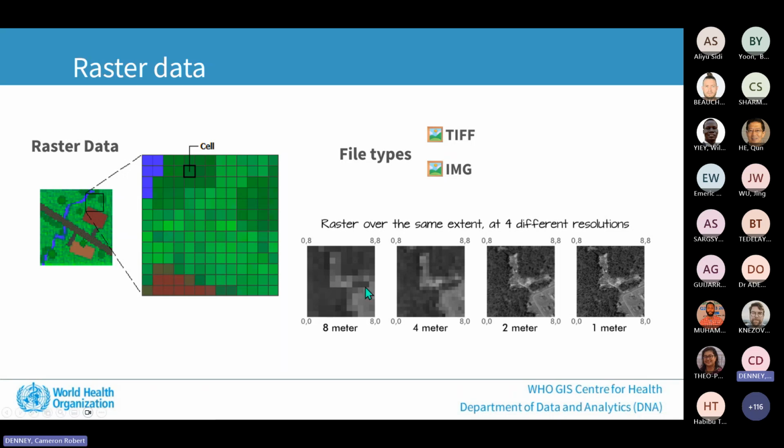Raster data will have different resolutions. So some can be very fine resolution. These little squares will be very small, while other raster data might be less precise and have larger squares.